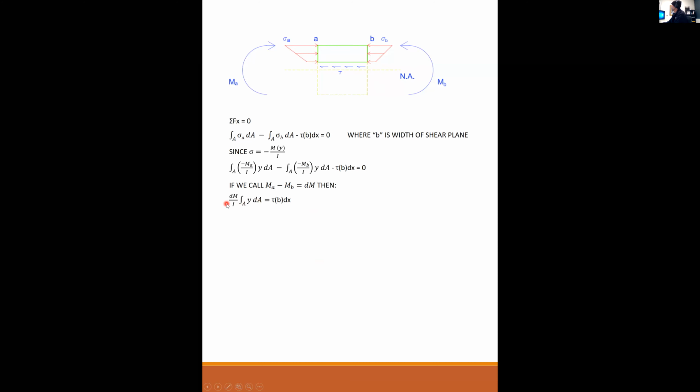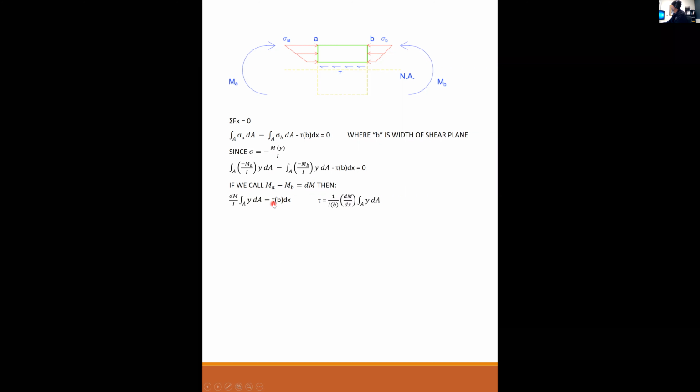And so I can bring those out and simplify. So I can just say dM over I times my integral y dA is equal to tau b dx. I took this term to the other side.